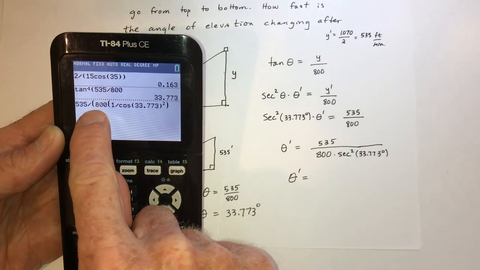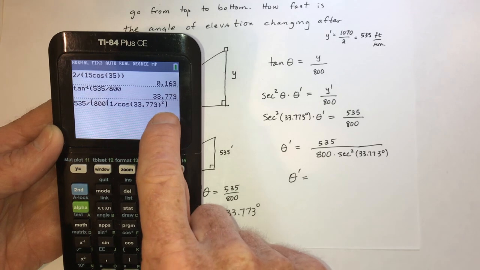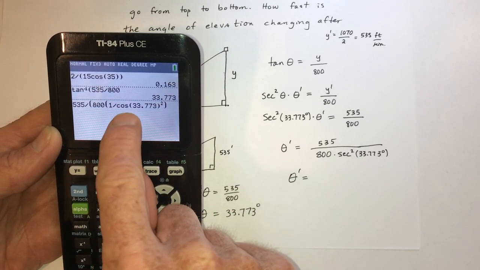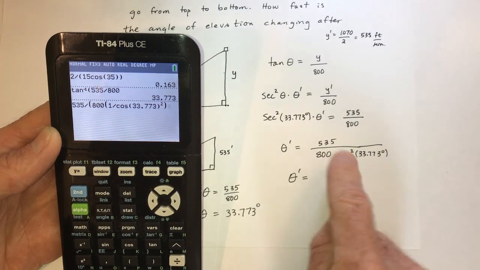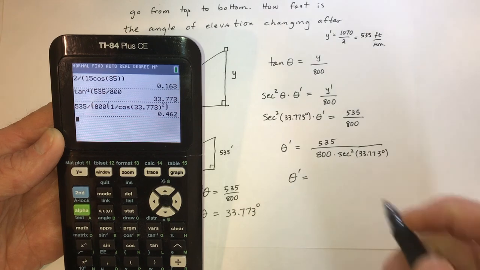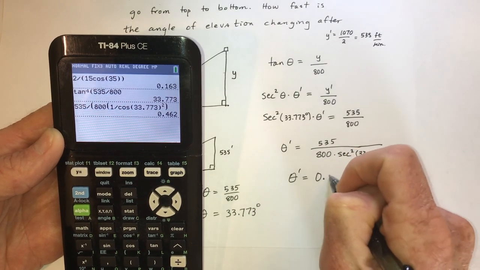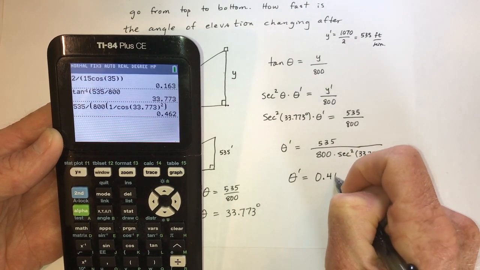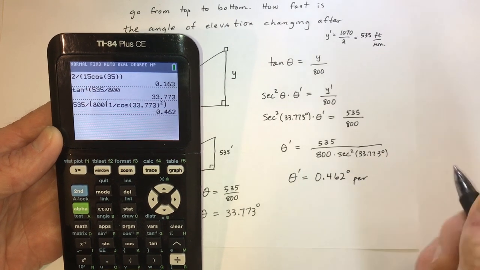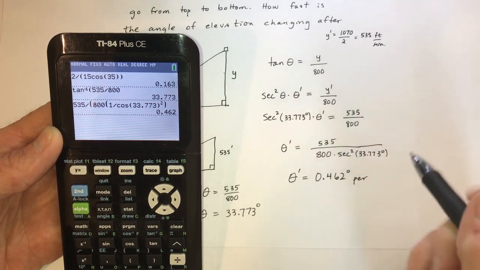And because I put parentheses at the beginning and the end, that means all of this is in the denominator. And then the 1 over cosine will be secant, and then I've got the squared. So the angle is changing at 0.462 degrees, and then that is per minute.